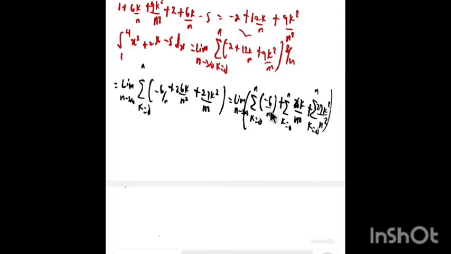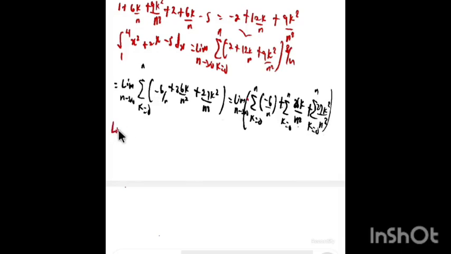You can see negative 6 over n does not contain k, so we can bring that out as a constant. 36 over n squared also does not have k, so that is a constant too. We can bring 27 over n to the third power out as well. Now let's do that.